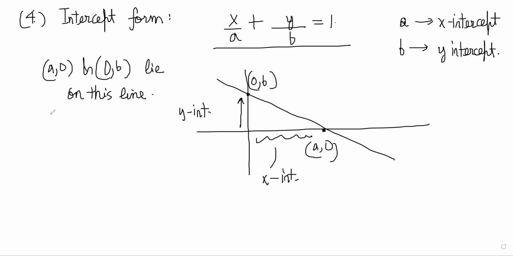Okay, then the next form of the line equation that we want to look at is the fifth form, which is basically the normal form. Normal form of the line equation.